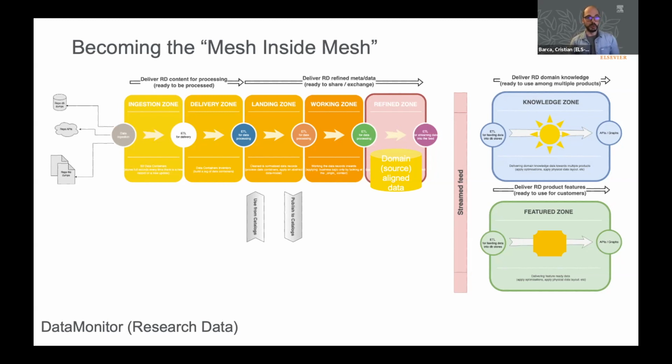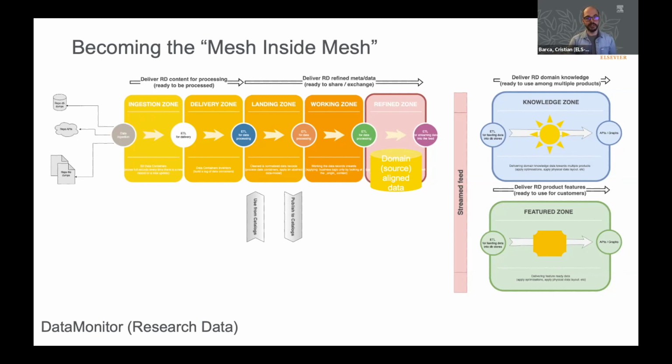And then in the working zone, we might apply different processes that are more aligned to the domain itself, like cleaning a bit, or filtering, classifying, deduplicating, all sorts of basic domain processes that would ensure high quality of this domain aligned data.